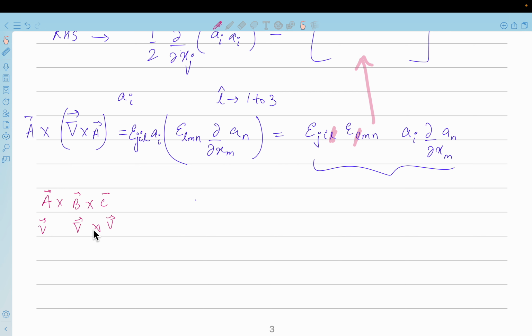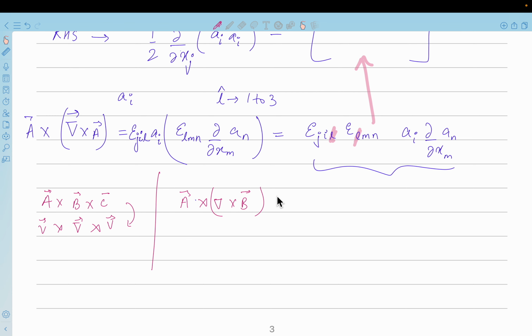This is what you have done, right? Yeah, but I would suggest using this. So A cross curl of B, and when you take curl, it is not exactly the same as B cross C, but there should be an analogy possible immediately. So why don't you just check if this is what you did.